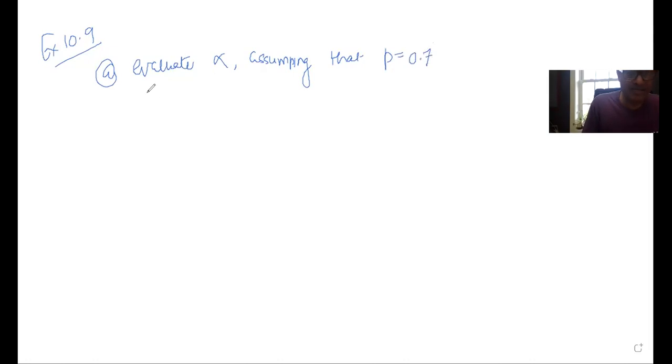Okay, here in this example, you know that n equal to 12 is given to us, probability is 0.7 given to us, and my alpha is equal to probability x greater than or equal to 11. And probability of x greater than or equal to 11, how can you find?